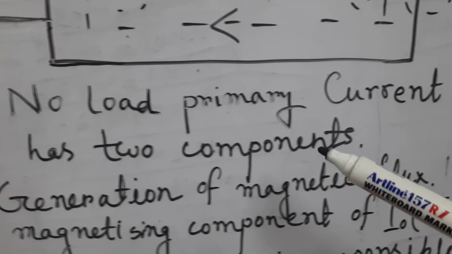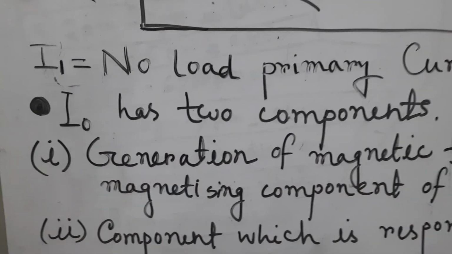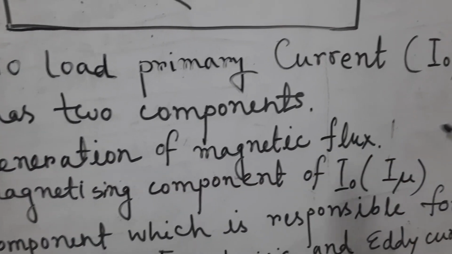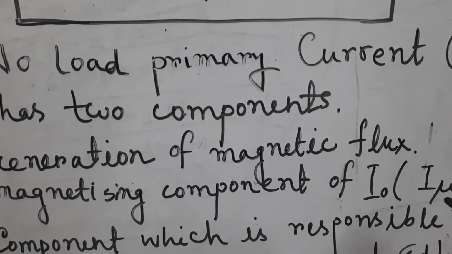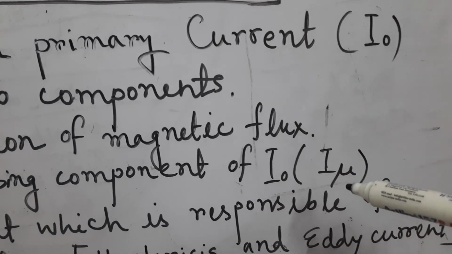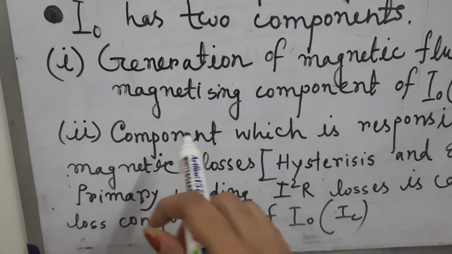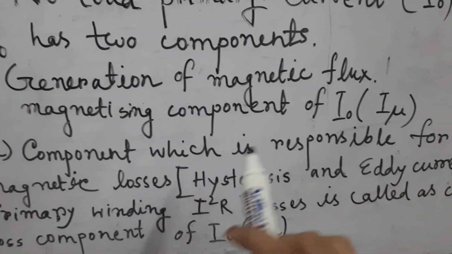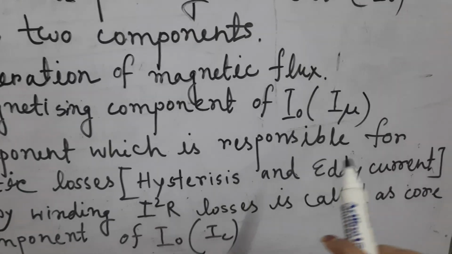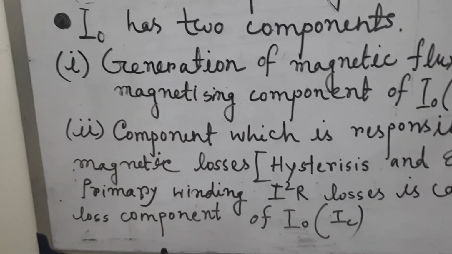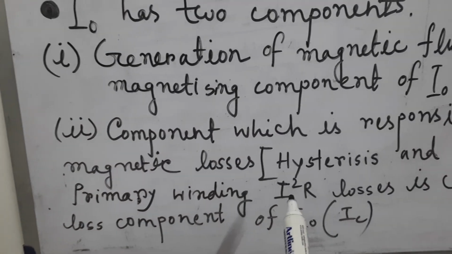I0 has two components. The first component is for the generation of magnetic flux, that means the magnetizing component, denoted by I mu. The other component is responsible for magnetic losses, which are hysteresis and eddy current loss, through this primary winding.